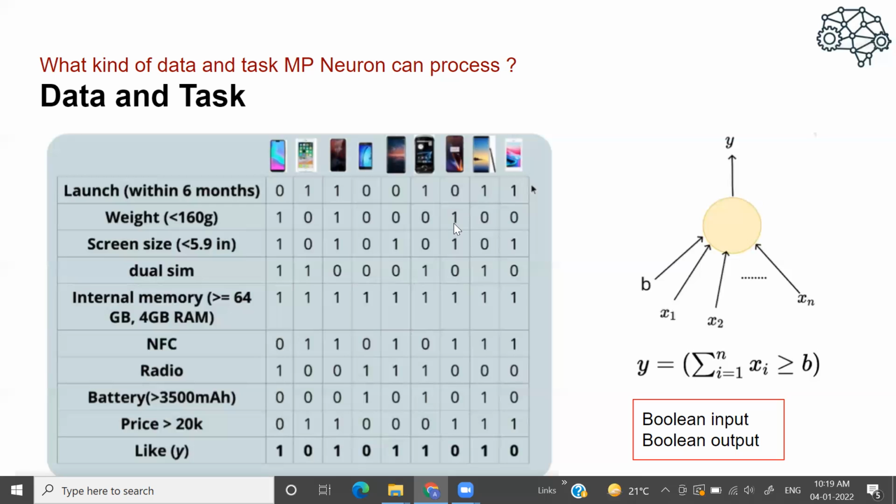We think about battery, we think about pricing, right? But all these features that we think about when we talk about the phone specifications, we can binarize, right? So these are the potential options you are having, right? So this is the data about the various options of phone which you are considering.